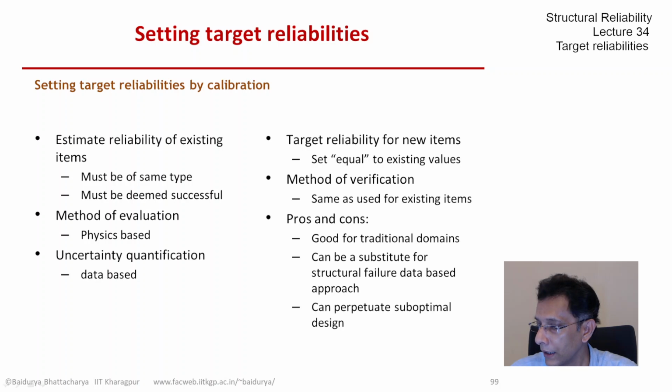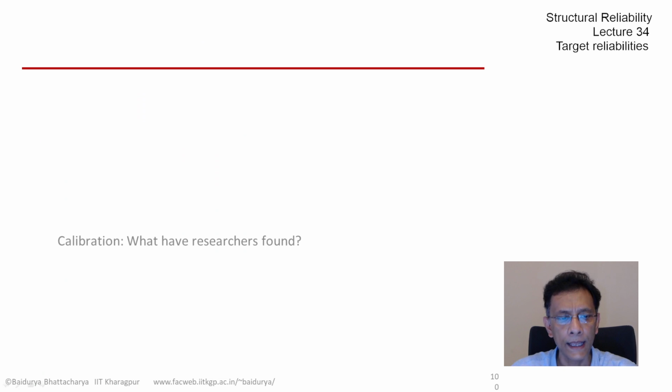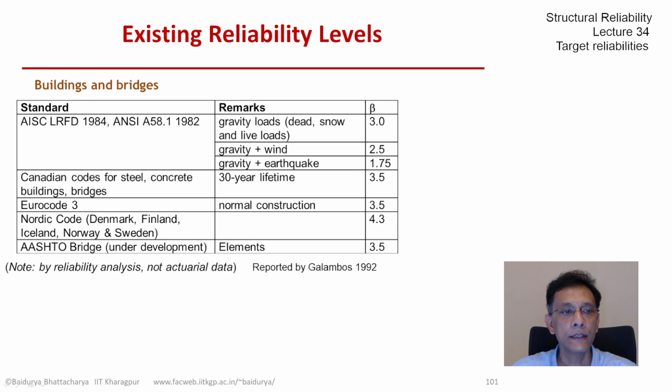Now, as I said, I'm going to present some survey of such existing structures' reliability which have been found by researchers over the years. So let's start with an early set of investigations which are reported in a book chapter written by Professor Galambos, and these pertain to buildings and bridges.